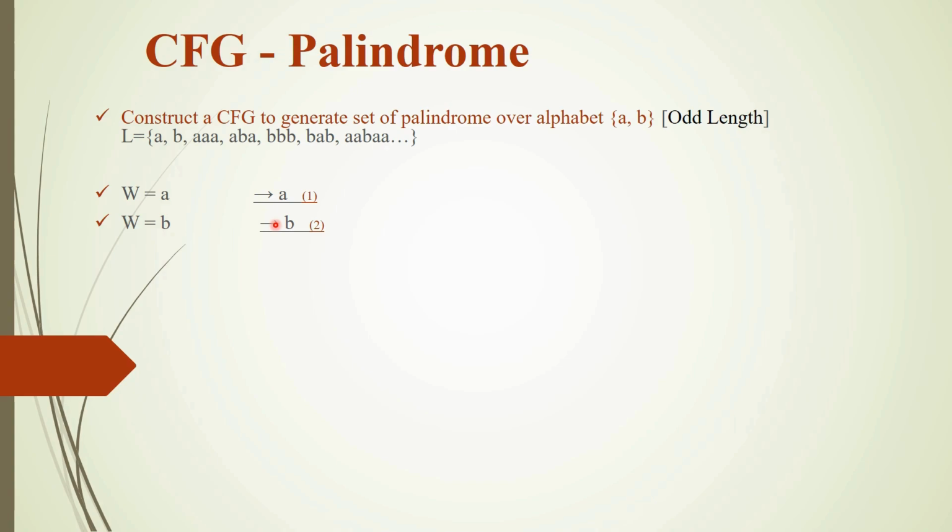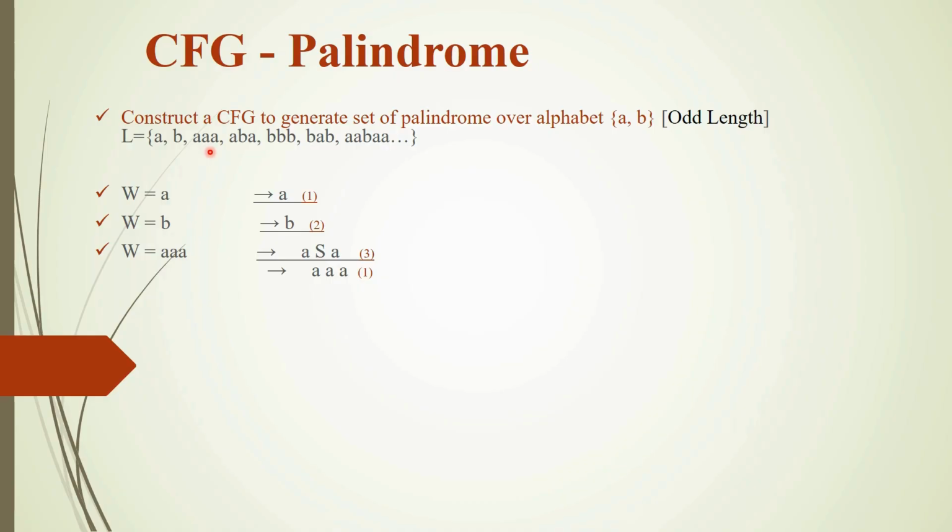Let's move forward with the next string, which is aaa. Basically, we initiate our string with a, with the non-terminal S. You can substitute this S with expression 1, and your string is generated as per your language set.